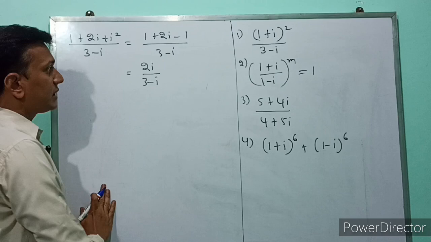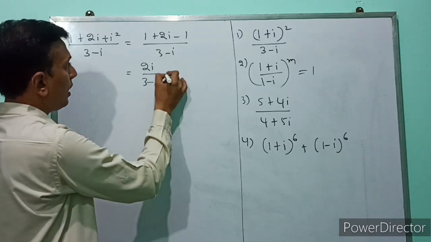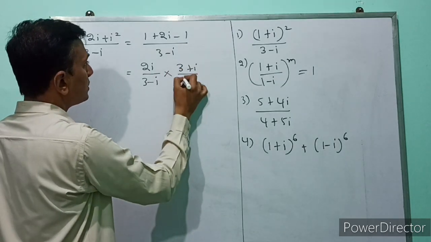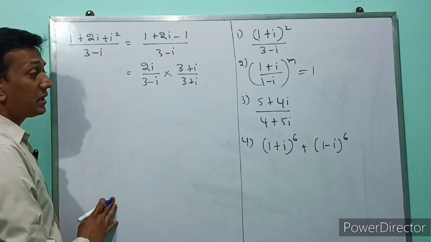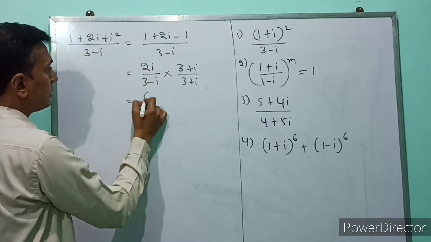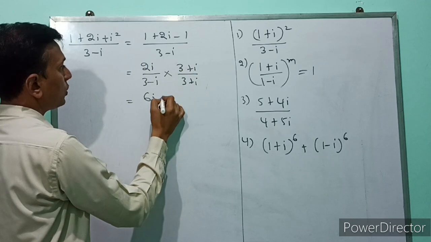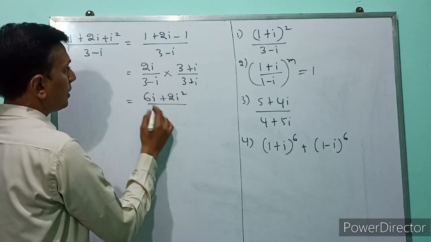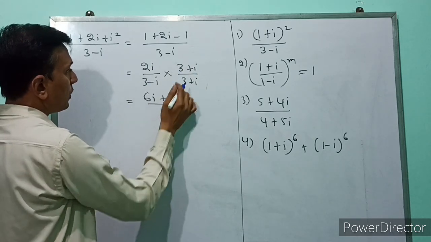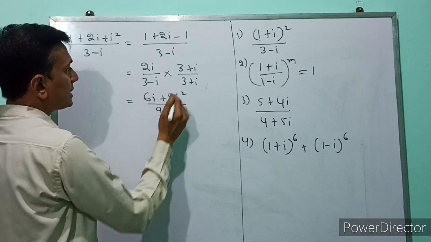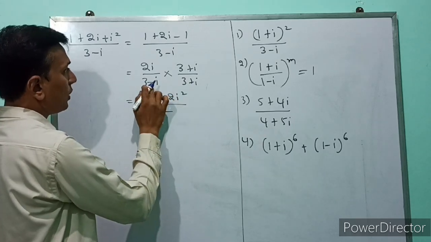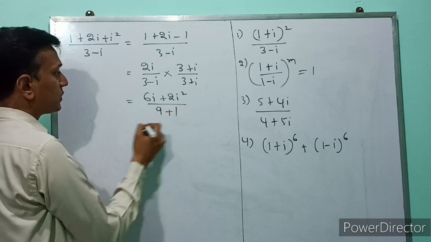So take the conjugate of 3 minus I and rationalize the denominator. So 3 plus I into 3 plus I by 3 plus I. 2 3s are 6I, 2I into I, 2I square. In the denominator, a square minus b square, 3 square 9, I square value minus 1, so minus 1 into minus 1 gives plus 1.